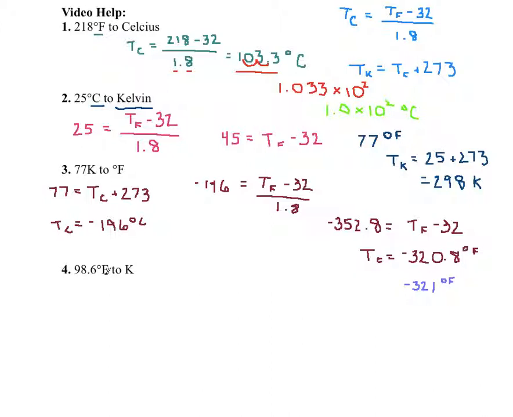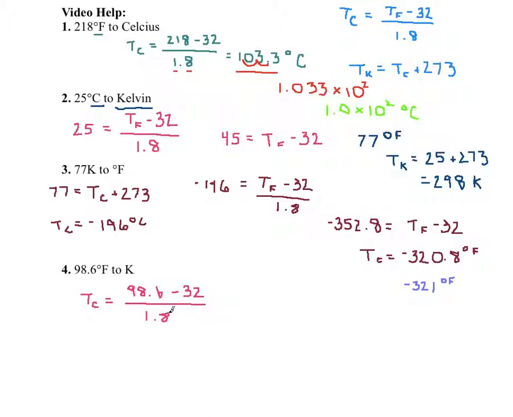Next one. Now I'm going from Fahrenheit to Kelvin, so I'm first going to have to get into Celsius again, and then I can get into Kelvin. So 98.6, so TC, because I'm trying to solve for Celsius, equals 98.6 minus 32. And then I'm going to put that all over 1.8. Okay.